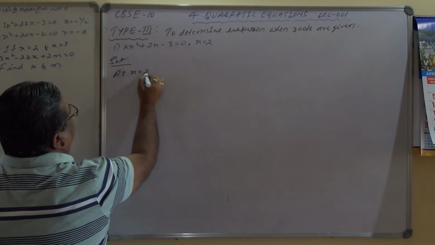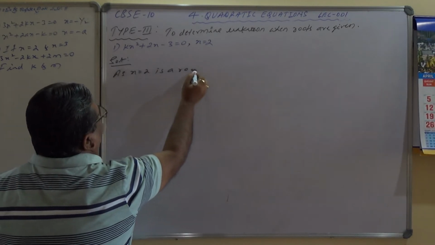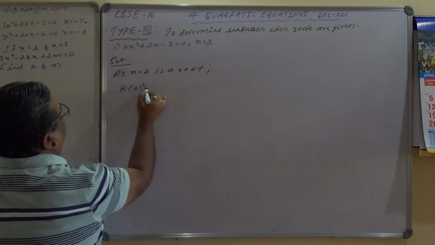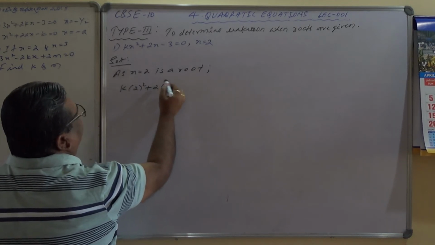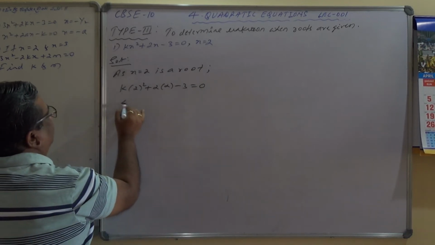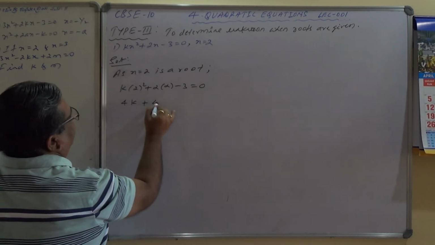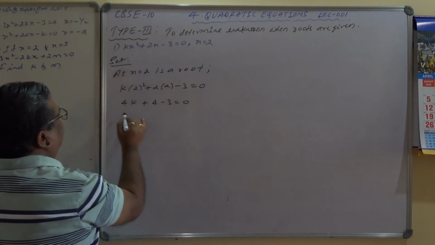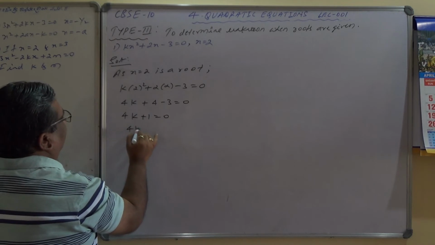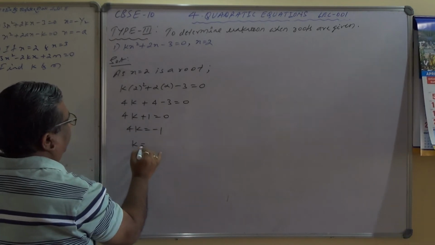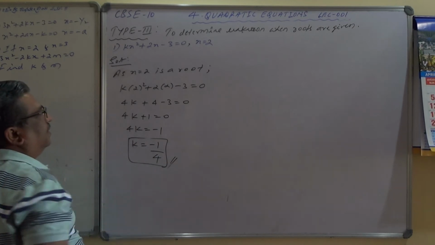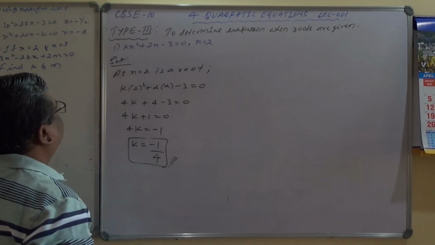As x equals 2 is a root, k times 2 the whole square plus 2 times 2 minus 3 equals 0. So 4k plus 4 minus 3 equals 0. 4k plus 1 equals 0. 4k equals minus 1. k equals minus 1 by 4. This is the answer. It is correct.